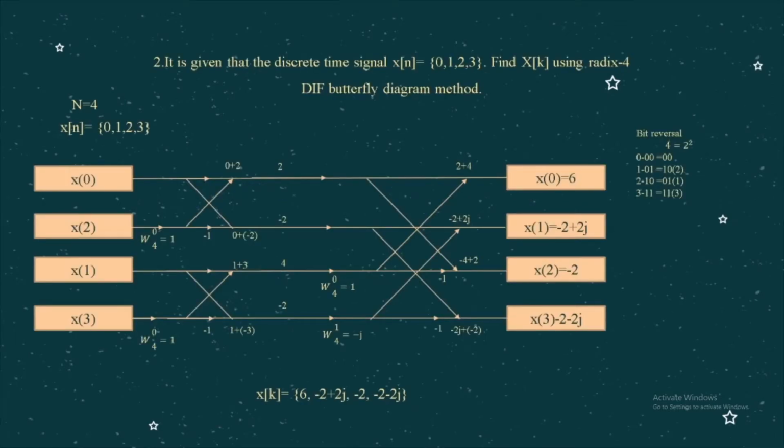For question 2, it is given that the discrete time signal x of n equal to 0, 1, 2, 3. Find x of k using the Radix 4 DIF butterfly diagram method. First of all, we need to draw the DIF butterfly diagram using this, as you can see.